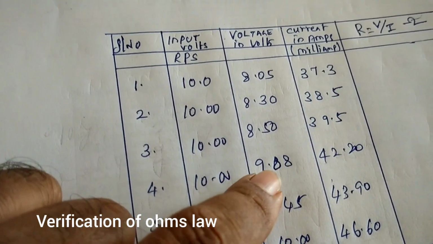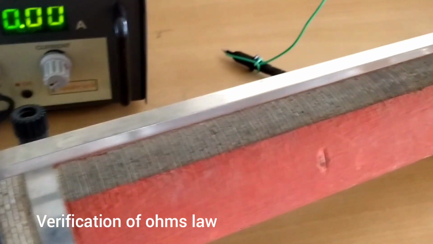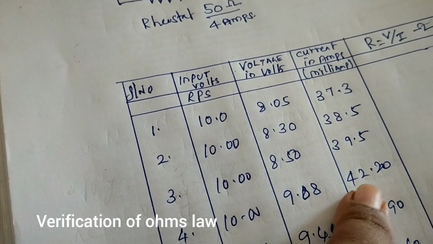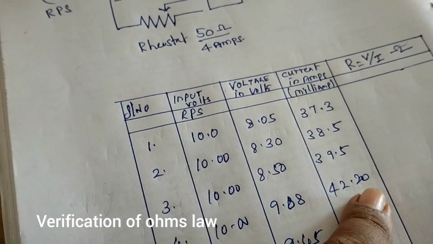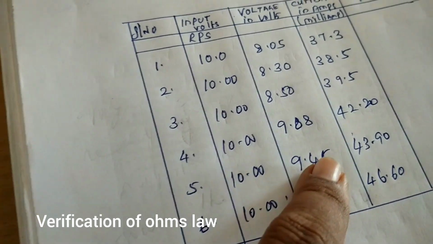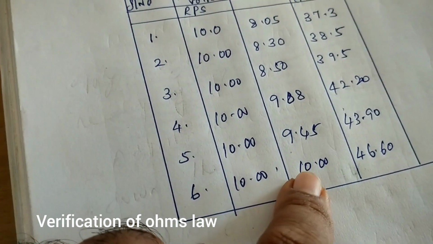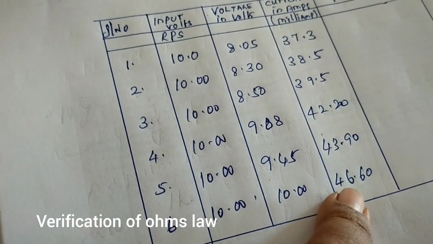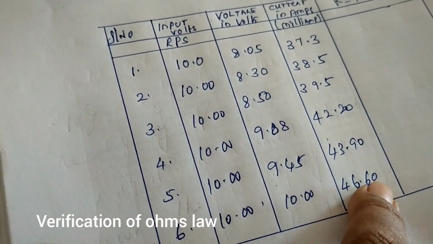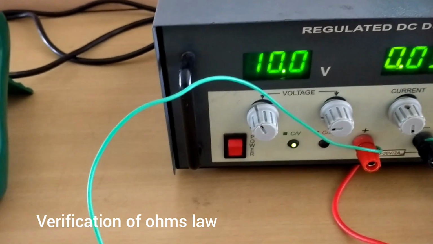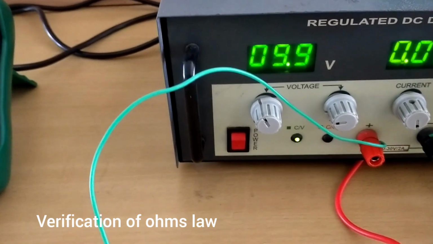When we move the rheostat in another 3 steps, we get voltmeter equal to 9.08 and ammeter equal to 42.0 milliamps, and another is 9.45 and 43.90 milliamps, and the 6th reading is 10 and ammeter is 46.60 milliamps, but the RPS remains 10, that is the input which we gave remains the same.